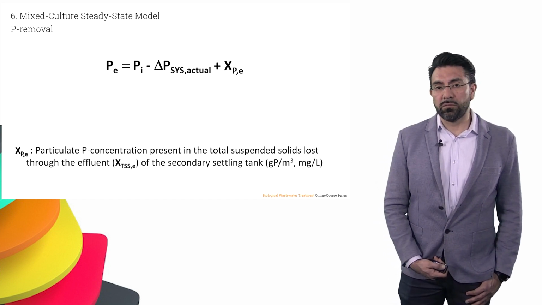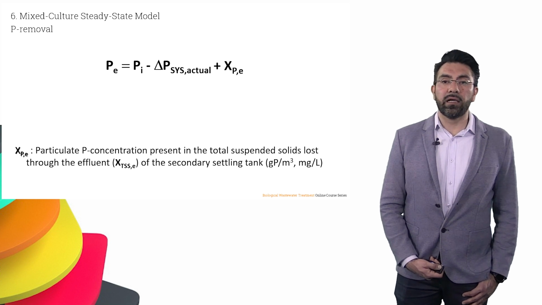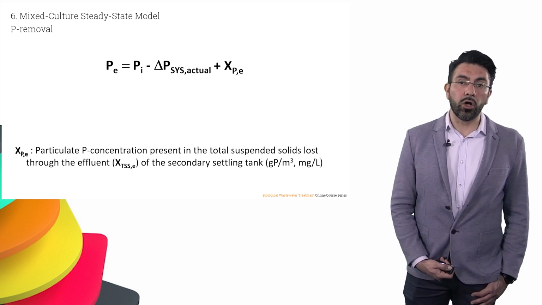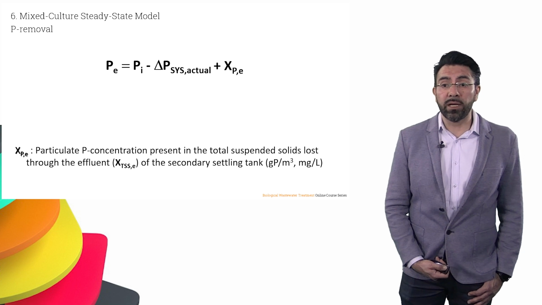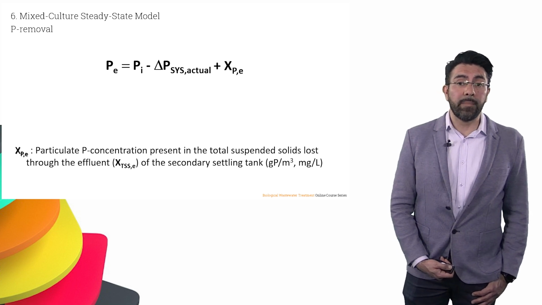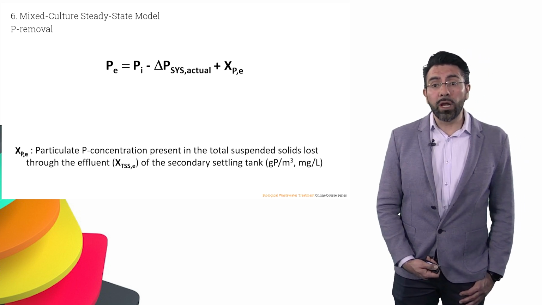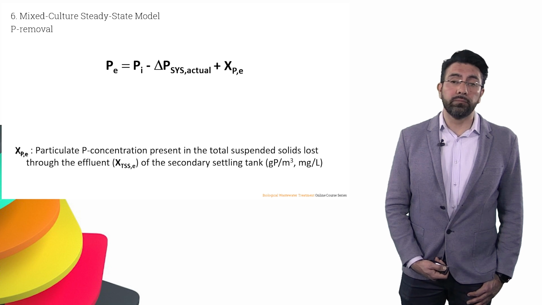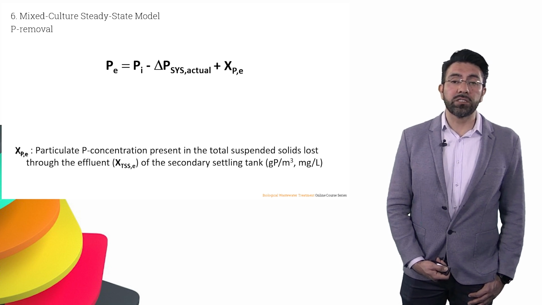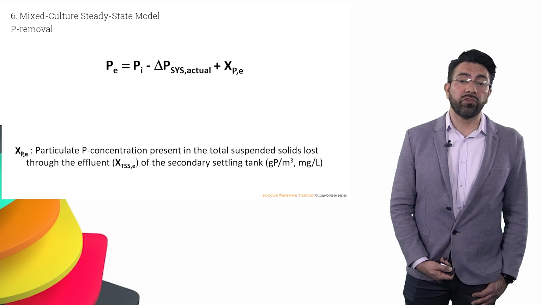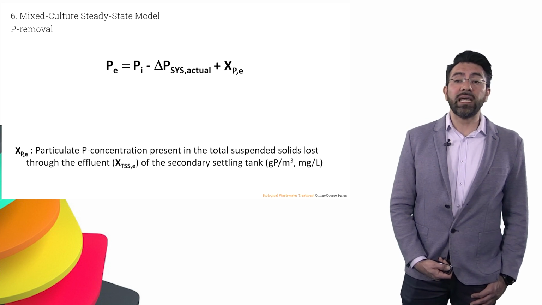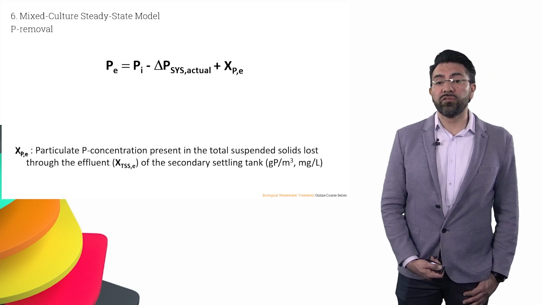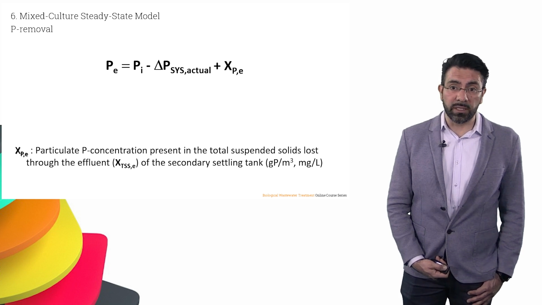Nevertheless, the carryover of solids through the effluent, because it is composed of biomass, of PAOs, will also contain phosphorus. And if the regulations aim to limit the total concentration of phosphorus discharged, then it's important to also take into consideration how much phosphorus is present in the total suspended solids.